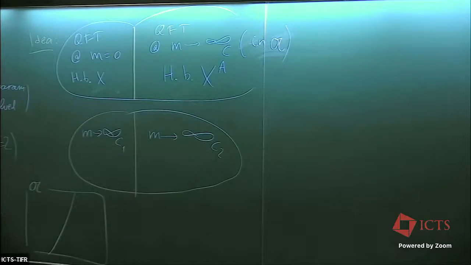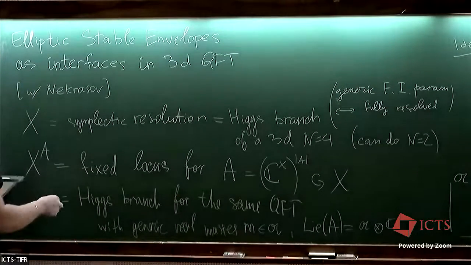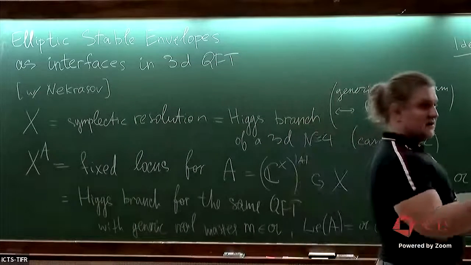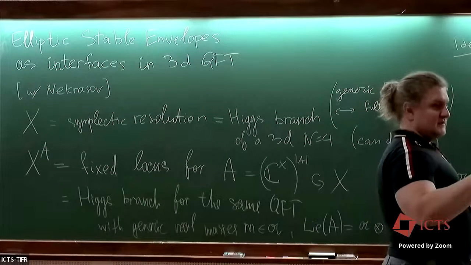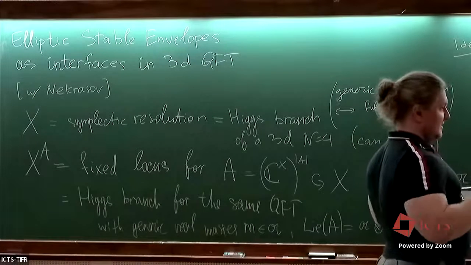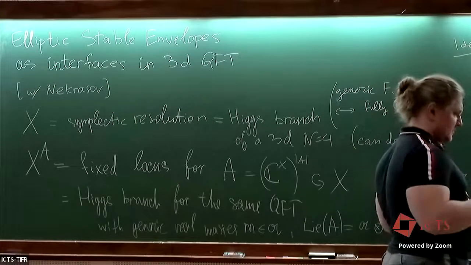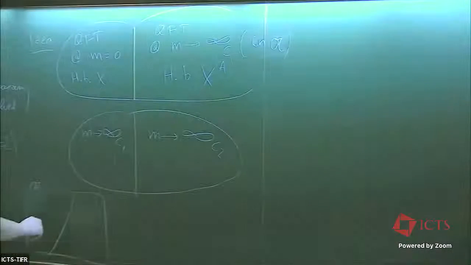For generic values, you can imagine that there are only isolated fixed points. And then for certain non-generic values, they fail to be isolated. And there's some, say, rational curve that connects the fixed points, which also featured in the previous talk. So this happens at certain walls.